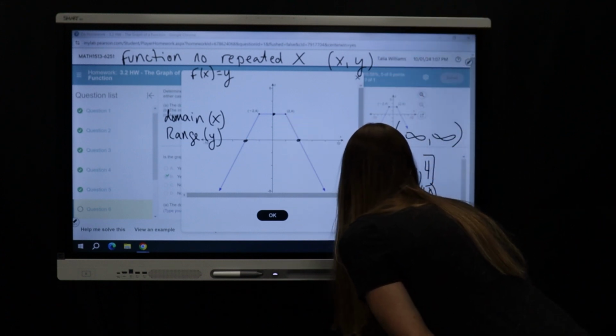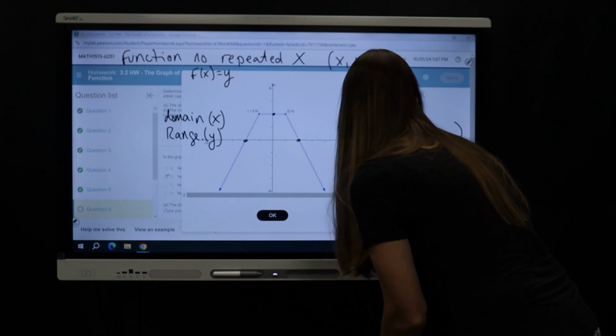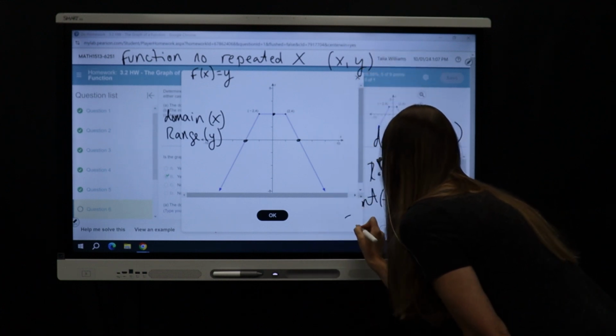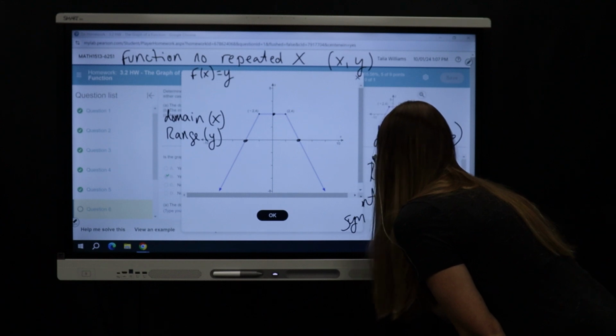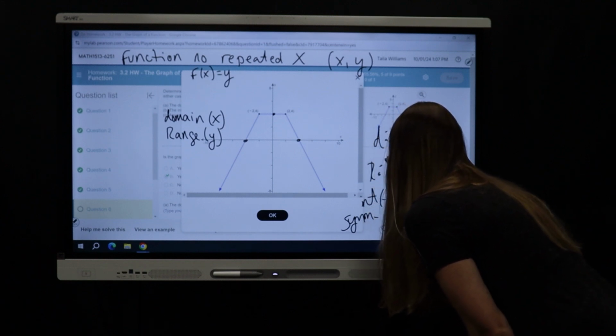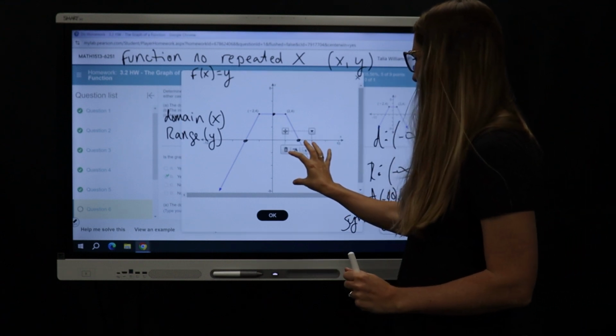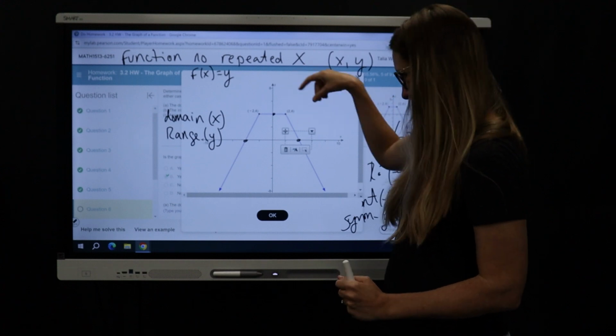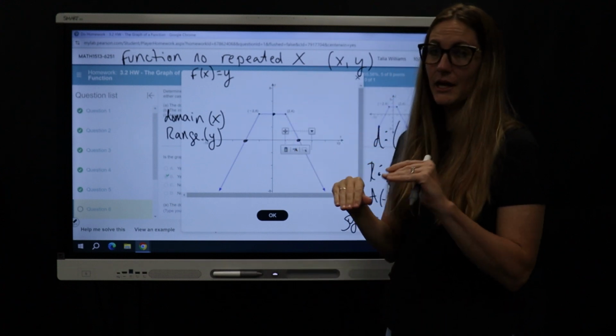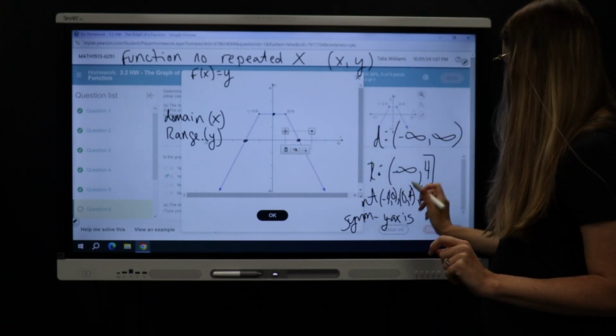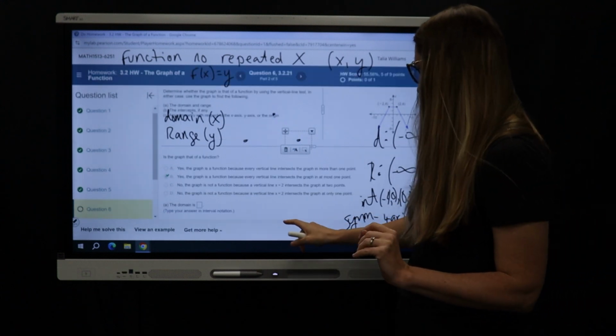Symmetry, ooh, that's rough. We have y-axis. If I took this quarter and rotated it, and then rotated it again, would it line up? No, so it's just symmetric with the y-axis.